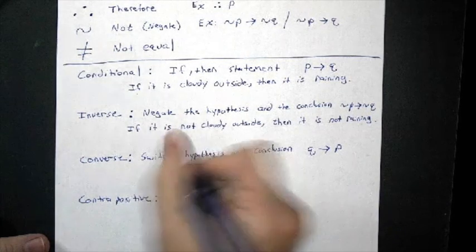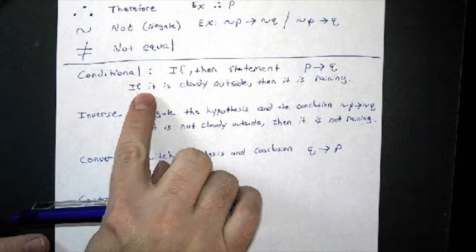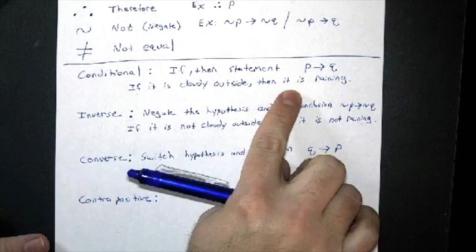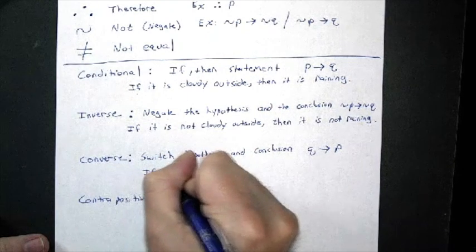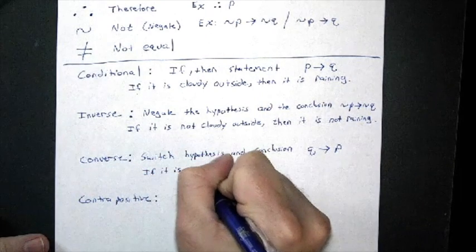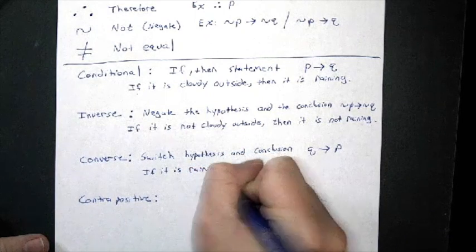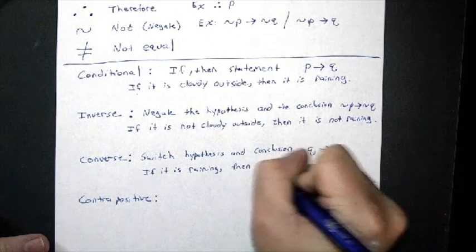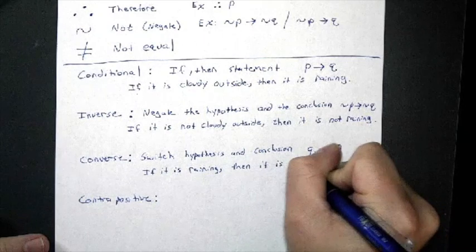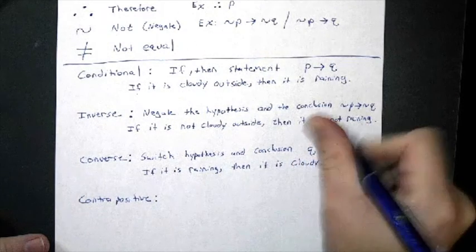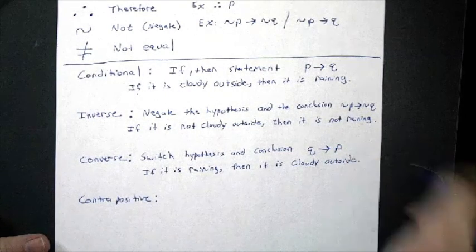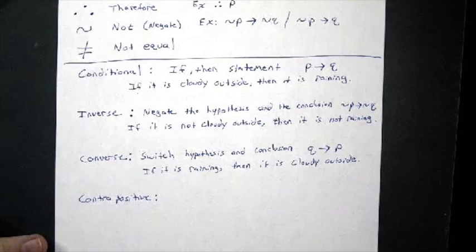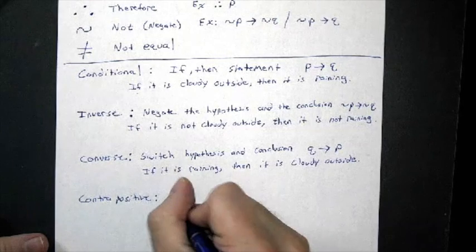The contrapositive, actually before we talk about that, let me do the example. Let's start with our original conditional statement. If it is cloudy outside, then it is raining. The converse of that would be if it is raining, then it is cloudy outside. So all I did was switch the hypothesis and the conclusion.